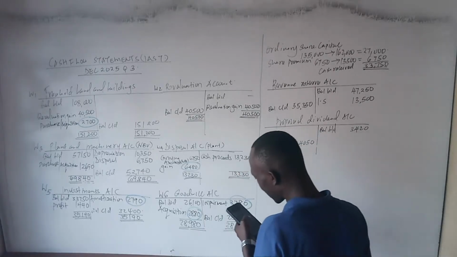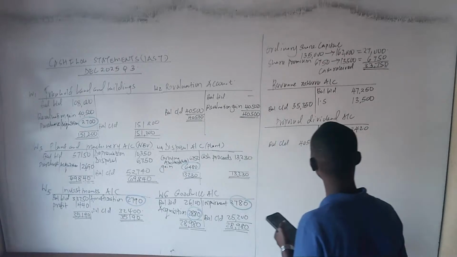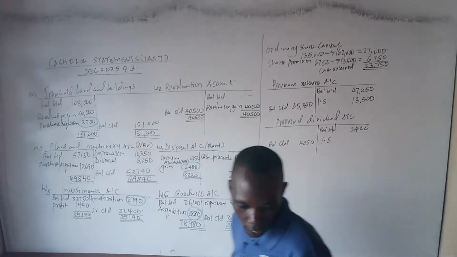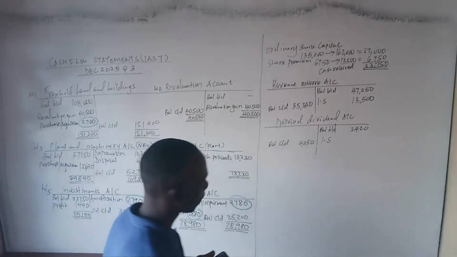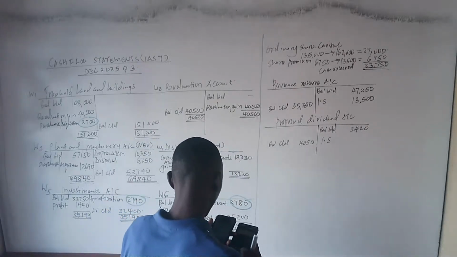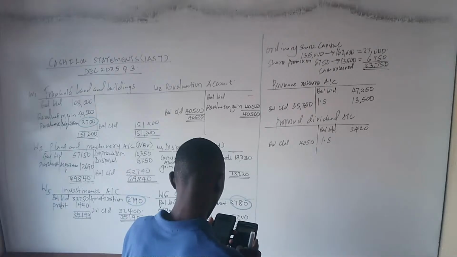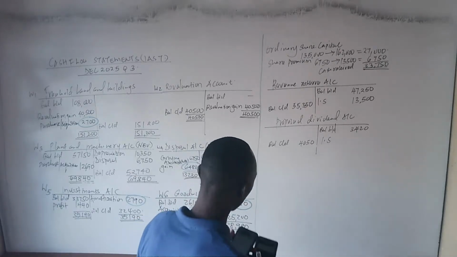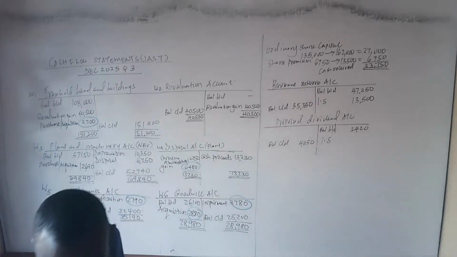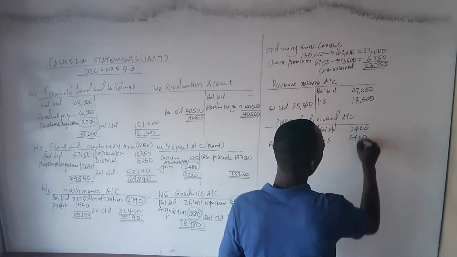Then from there, let us see the income statement. How much are we given as dividends? We are given the interim of 1350. Then also we have the proposed of 4050, and therefore in the income statement we have the total dividend of 5,400.